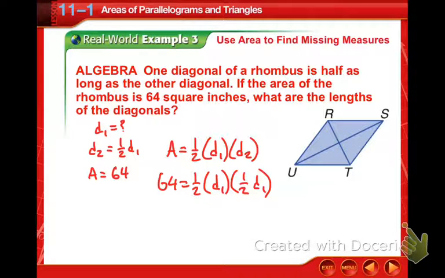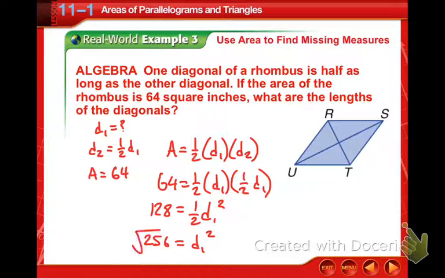So multiply both sides by 2 to get rid of that outside 1/2. So that's multiplying 64 times 2, it's 128. So then you have two D1s in here, right? D1 times D1 is going to be D1 squared. So we have 1/2 D1 squared. Again, we can multiply by 2, so that's 256 is equal to D1 squared.